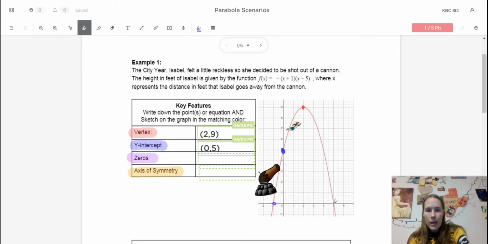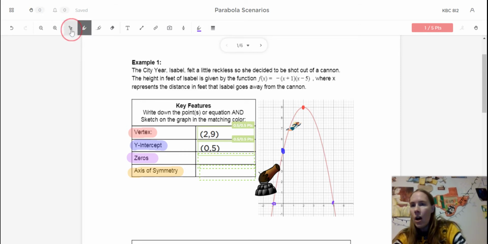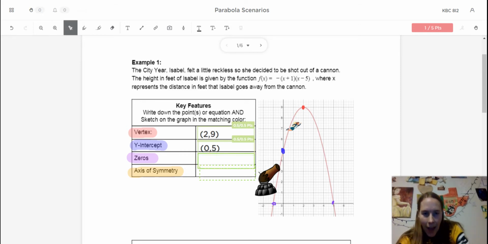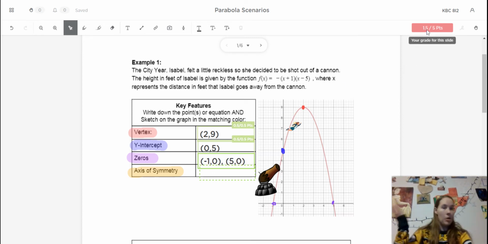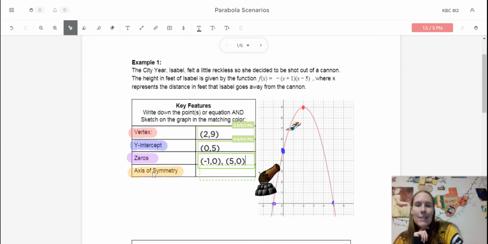So I have one here, and I have one here. So I know I have one of them that looks like it's (-1, 0). And I'm going to put a comma to show that I'm going to the next thing. And the other one is at (5, 0). And I'm correct.